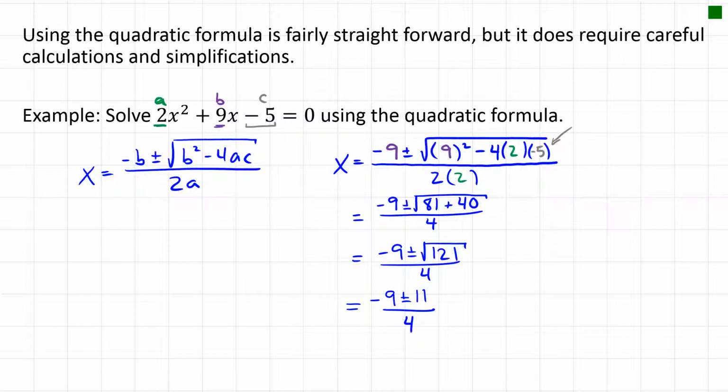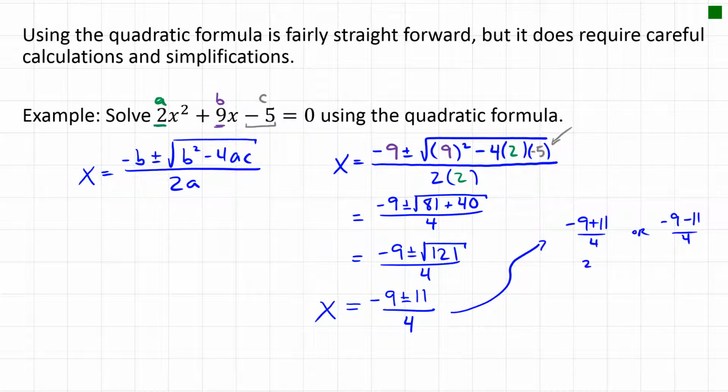And so that's what we currently have for our value of x. But we can simplify this quite nicely, because negative 9 and 11 are integers, and we can add and subtract those together. So I will write my two solutions as negative 9 plus 11 over 4, or negative 9 minus 11 over 4.